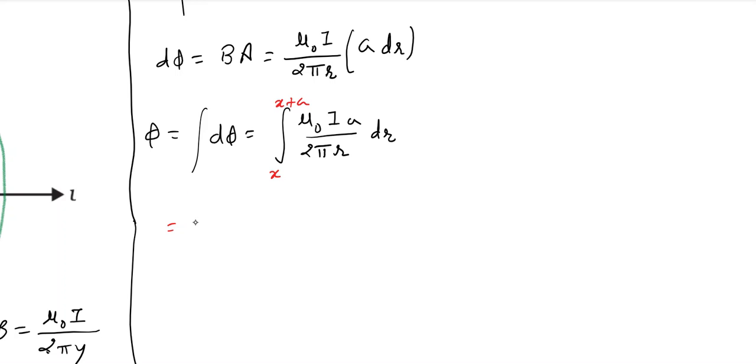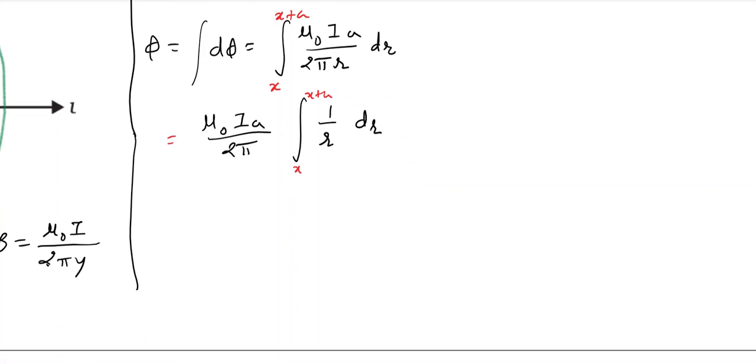Mu 0 is constant, I and a are constant, 2 pi is also constant. So we have 1 by r dr, with the limits x plus a and x.